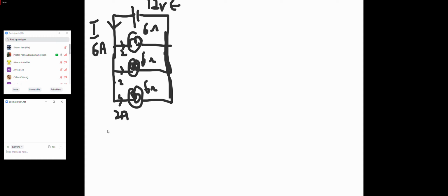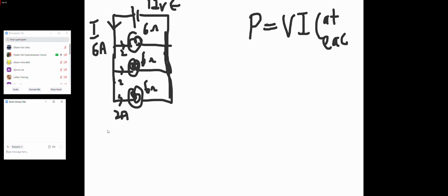What I am trying to do is to understand the brightness of a bulb. You must use the formula P equals VI at each bulb. The voltage at each bulb is 12 volt. The current at each bulb is 2 ampere.